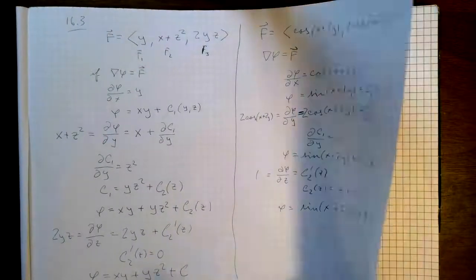Okay, let's move on from chapter 16. I just wanted to do a couple more examples of this because we haven't really done this in 3 dimensions. I've only done these examples in the plane, and you have to work a little bit to see how it works in 3 space.